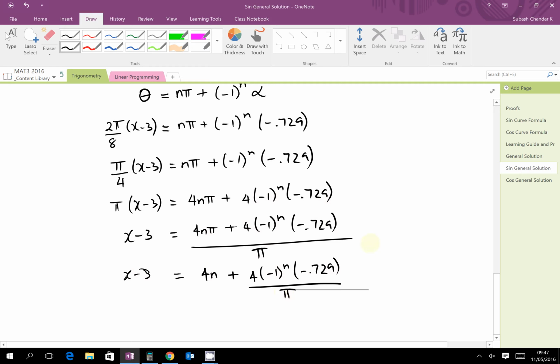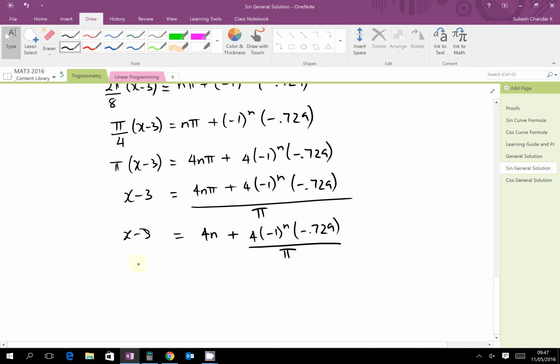And finally, just moving the positive 3, it'll become 4n plus 3. I told you guys, it's very simple. This is the same thing that you will have to do all the time. There's going to be nothing different about it. And that is my general solution for x.